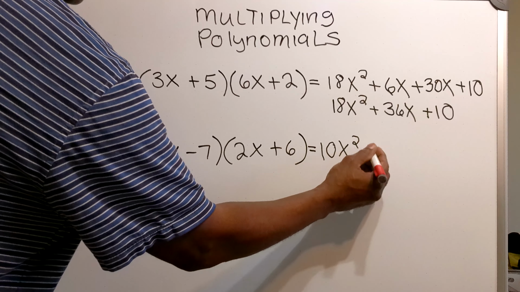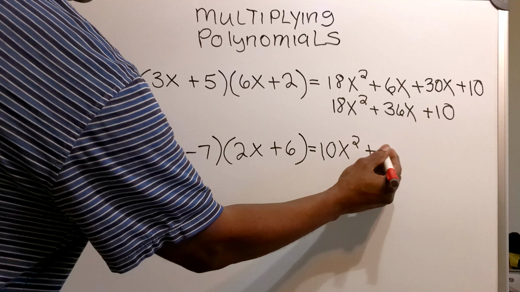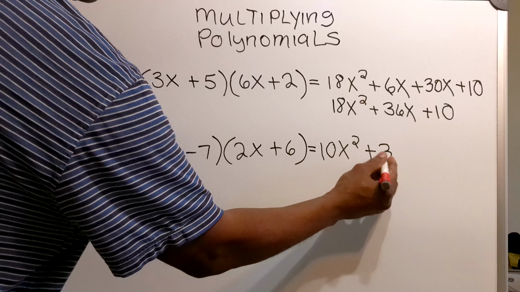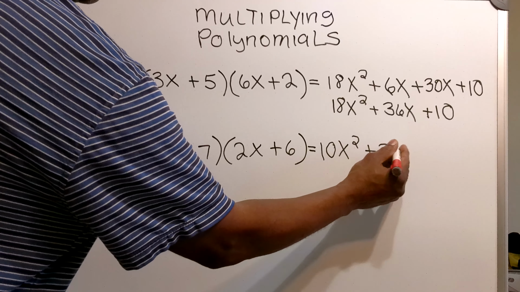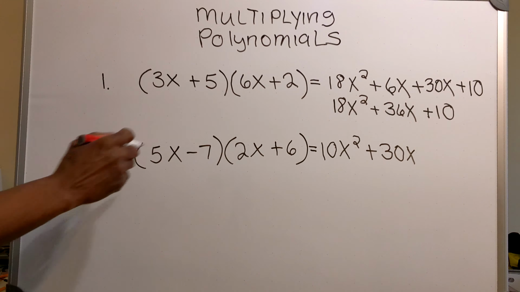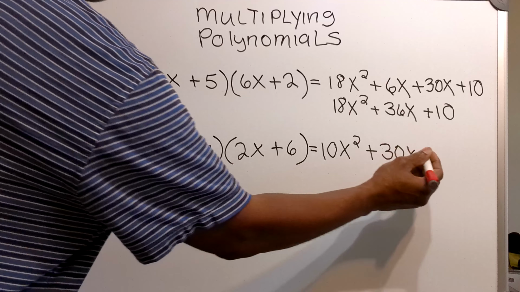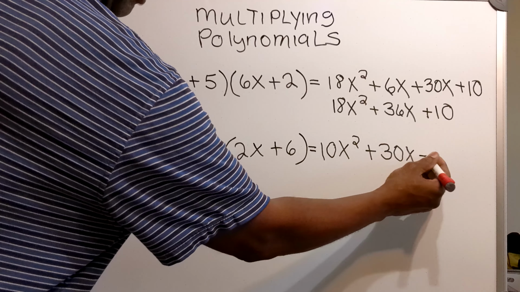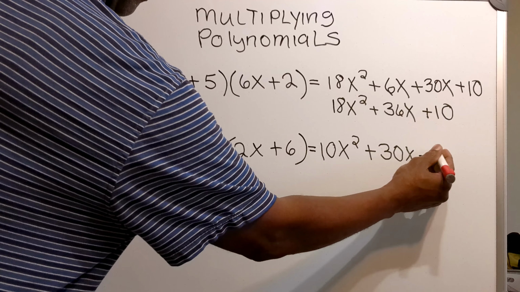That will give you a plus 30x. Then I'm going to go minus 7 times a positive 6, and that will give you a negative 42.